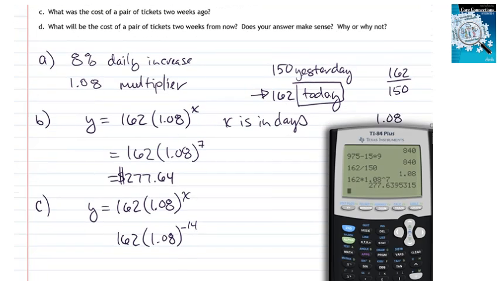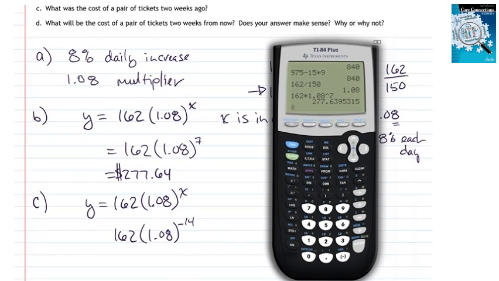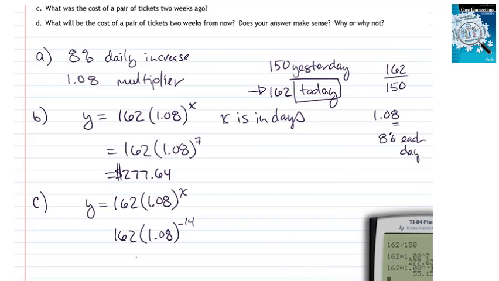How cheap could these tickets have been? Let's see here. 162 times 1.08 raised to the negative 14th power. Oh, $55.15 if I was rounding to the nearest penny.